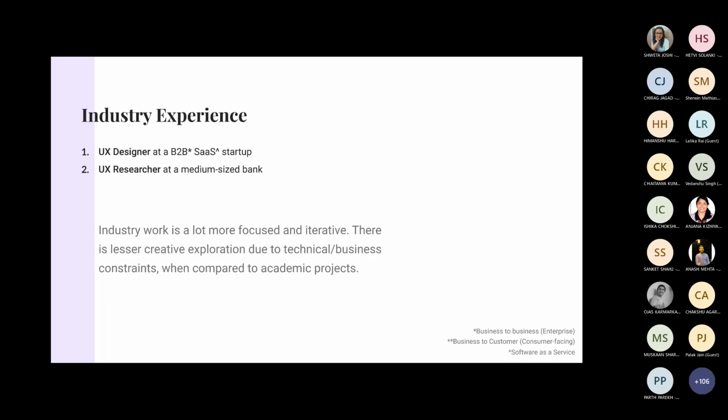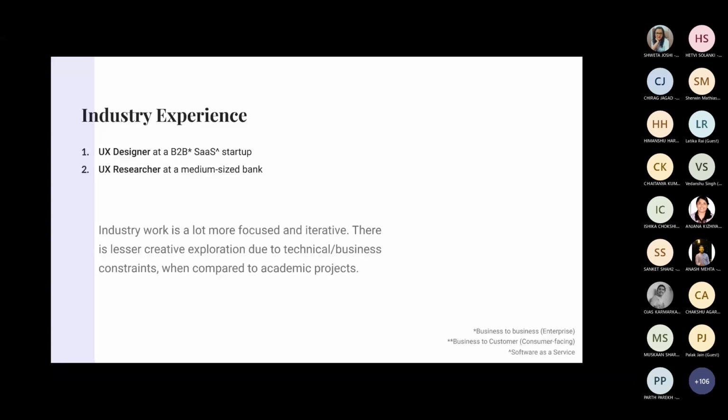But at that startup, this is the only product that they had. So I had to go back and keep iterating to make it better and better. And that's something I did not enjoy as much. So that's something to keep in mind, that academic HCI versus being a UX designer or UX researcher is probably a lot more different than you expected.